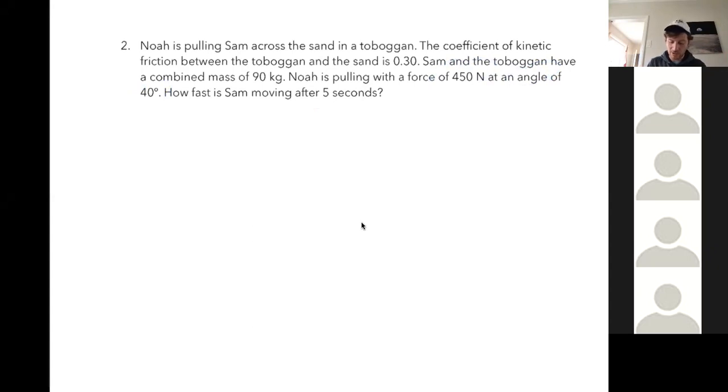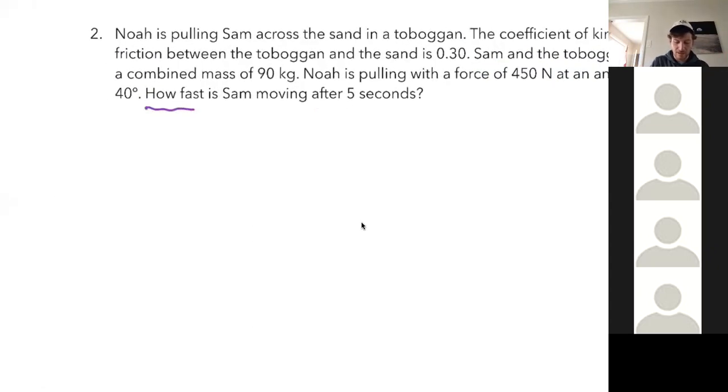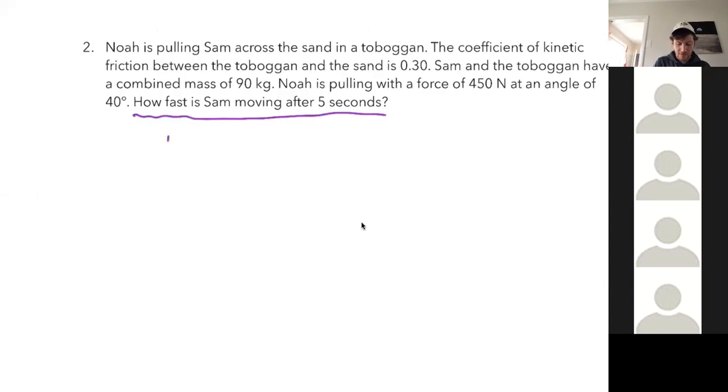Now, the thing to notice with this question is how fast, okay? Which means that is kinematics, right? We want how fast is it moving after t equals 5 seconds, okay?